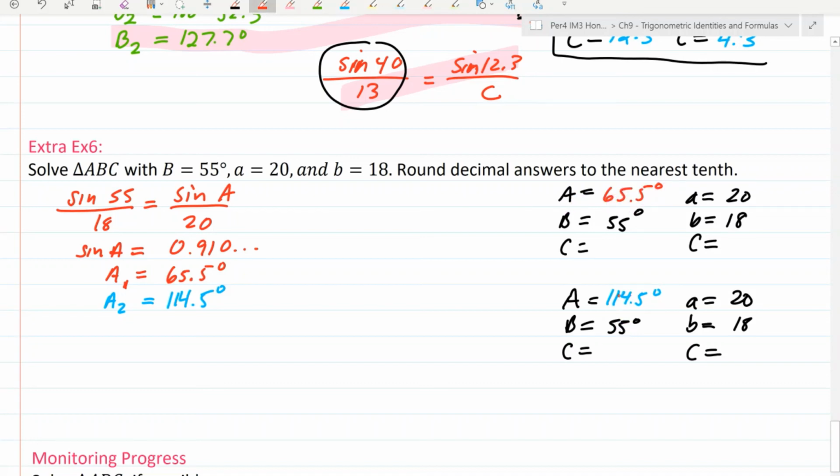So there definitely will be two triangles. Add the angles, subtract from 180. And then finish using law of sines to finish this off. We do the top triangle in red, so sine 55 over 18.